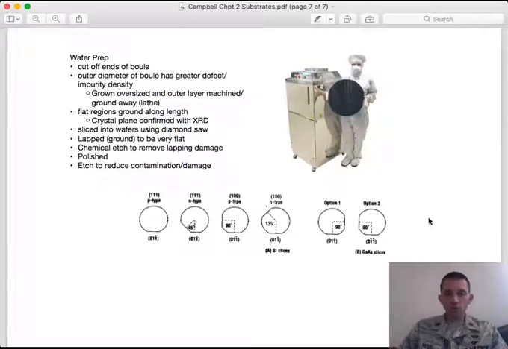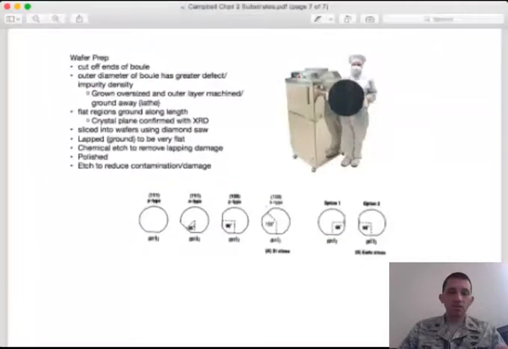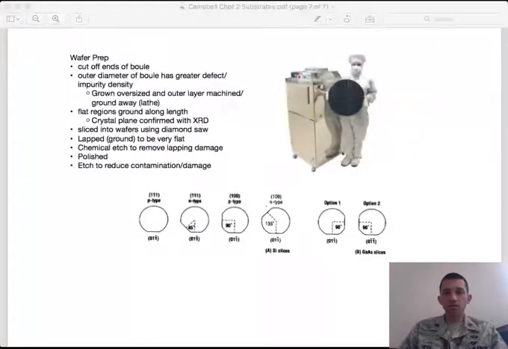So you want to end up with a flat, high quality, doped, single crystal silicon substrate. And that becomes the substrate that we're going to base all the rest of the microfabrication on, and becomes the material that we are then going to process forward from here to build the device.